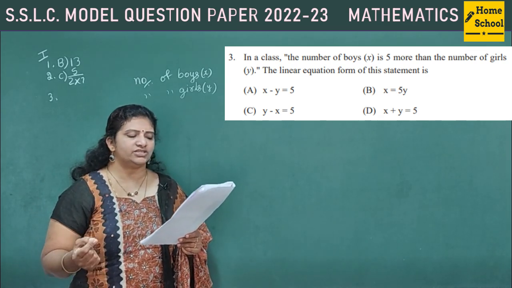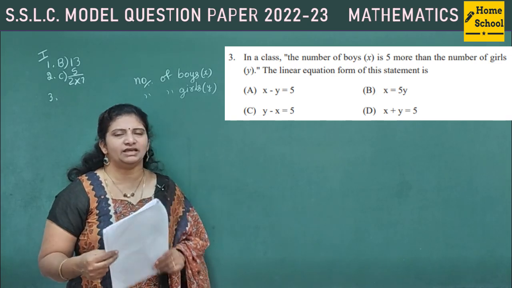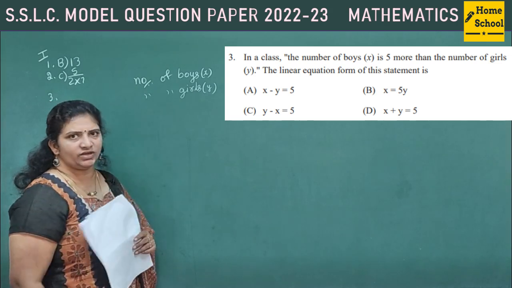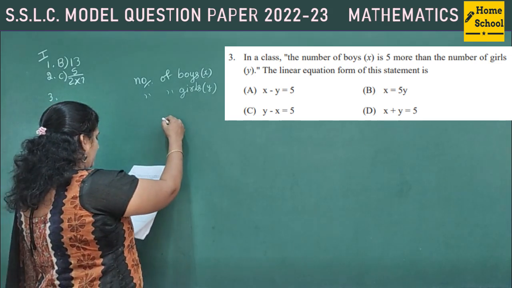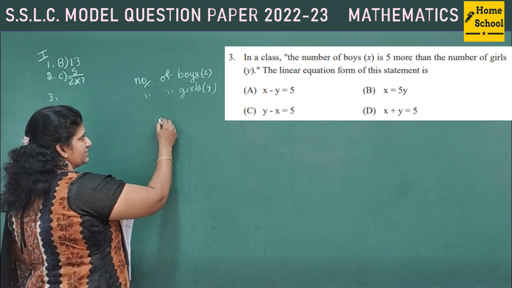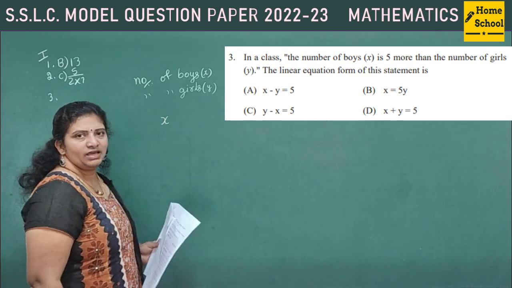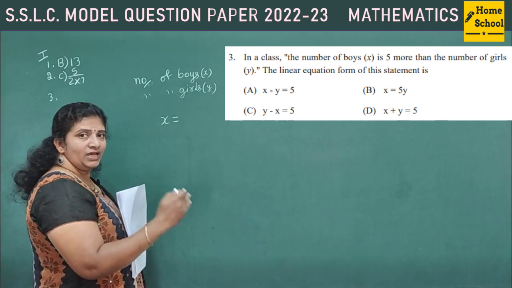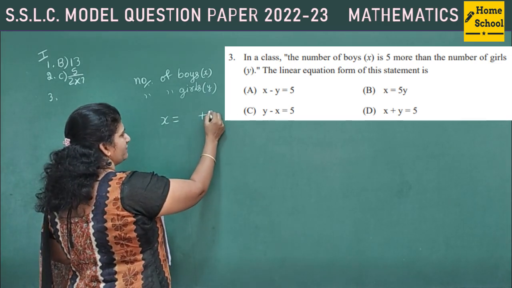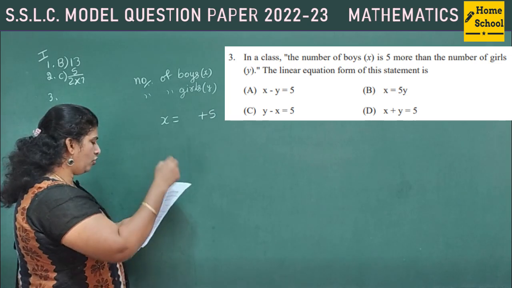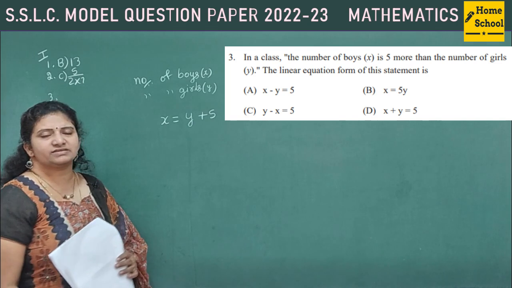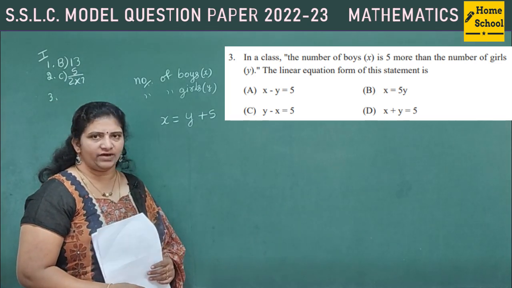The linear equation form of this statement is. Okay, let's read the statement again and frame the linear equation. The number of boys, X, is equal to 5 more, plus 5, 5 more than the number of girls. That means X is equal to Y plus 5.